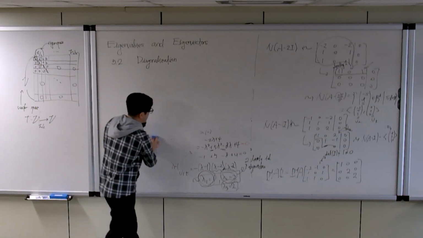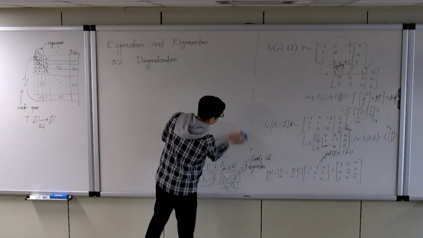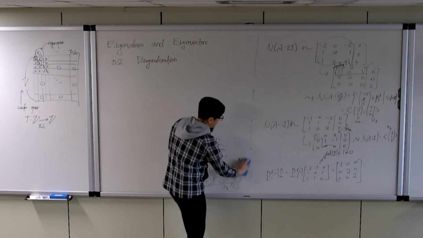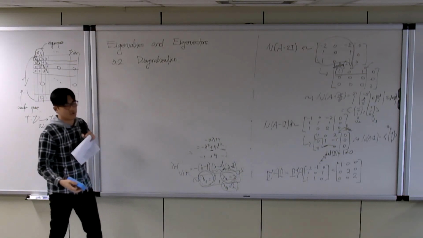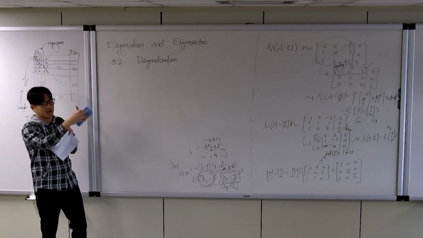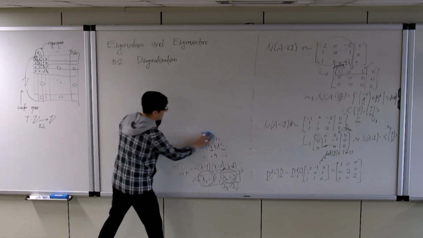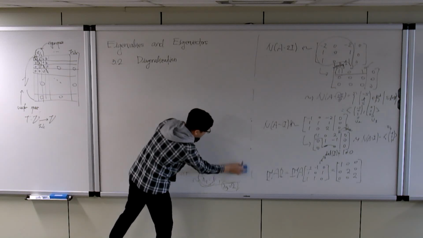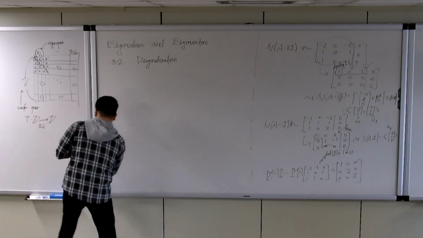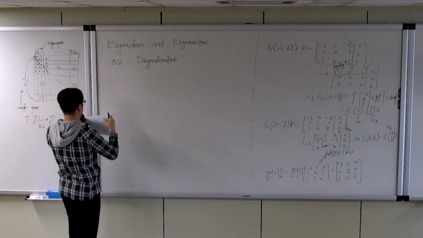But if you calculate the null space of A minus 2I, we should calculate the augmented matrix 1, minus 3, 0, 0, 5, 0, 0, 0.